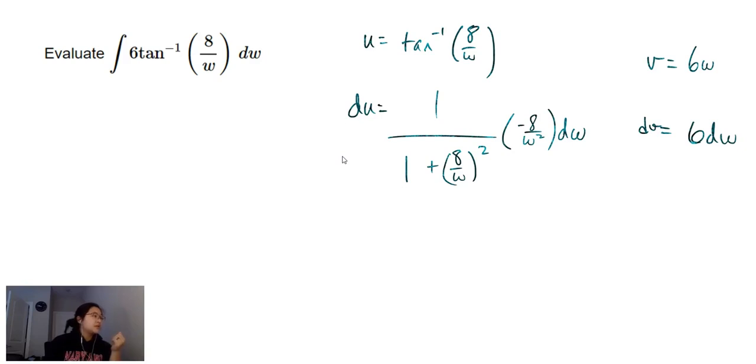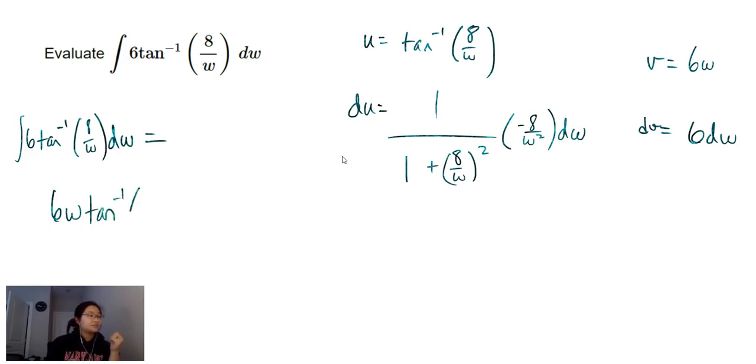So that means that when we have this, we get the integral of 6 arctangent of 8 over w dw equals uv, which is 6w arctangent 8 over w minus the integral of v du, which is plus 8 times 6 is 48.